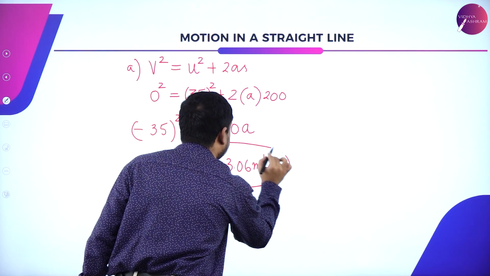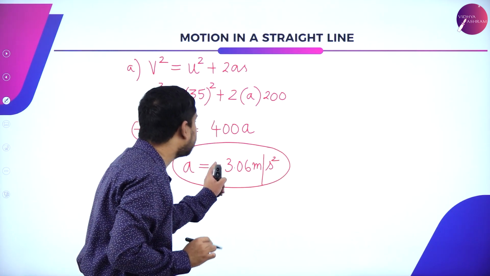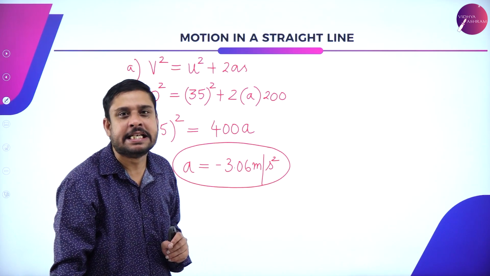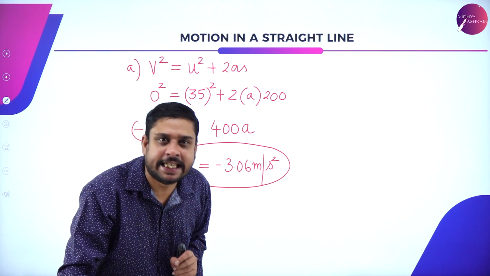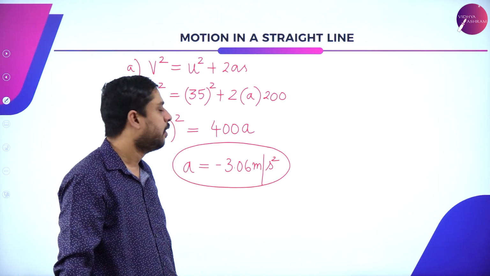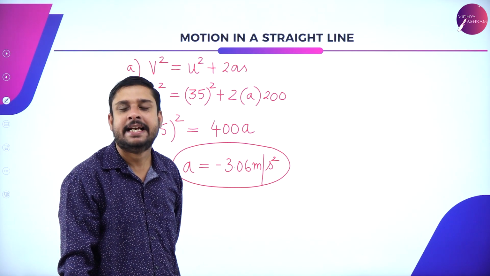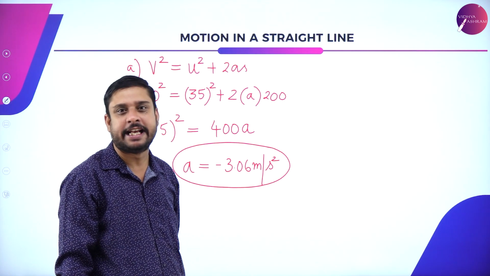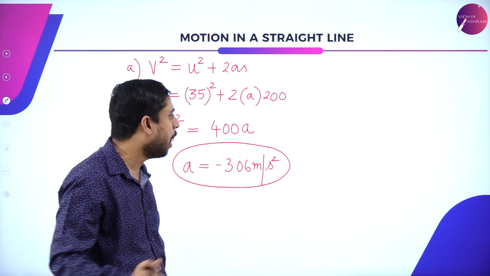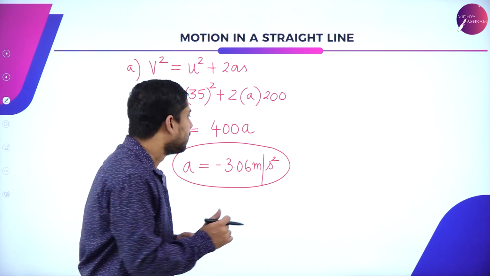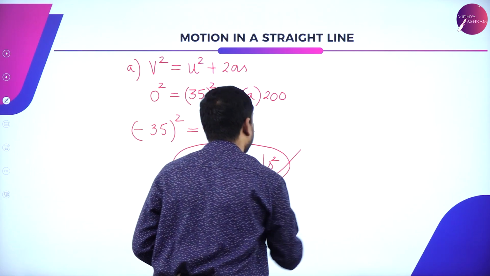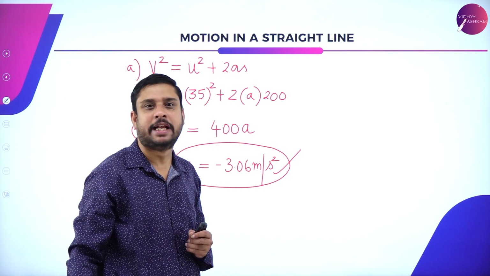So very clearly you can see acceleration is having a negative sign, which shows it is retardation. Now, the first part of the problem is calculated.